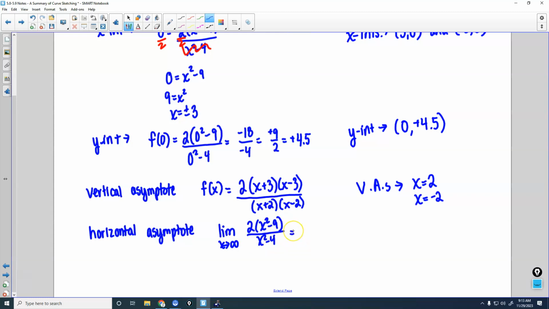You need to write that down, but then you can use BOBO BOTN. With BOBO BOTN, what will I have? 2, right? Because that 2 right there can get distributed. I'll have 2x squared minus 18. And then my exponents are the same, so this is a DC. Exponents are the same, divide coefficients. I'll get 2. So I have a horizontal asymptote at y equals 2.